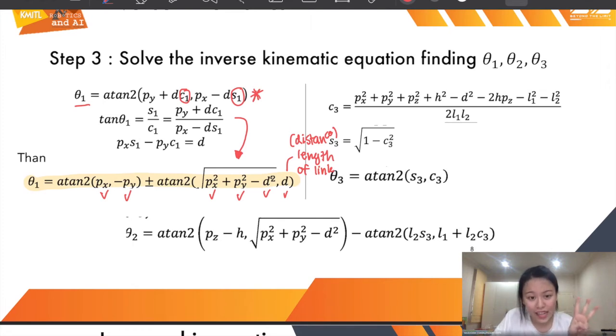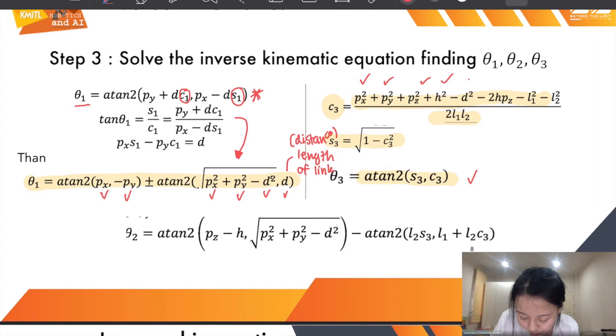Next, now we have theta 1, so next we will find theta 3. Theta 3 comes from here, atan2 of sine theta 3 by cos theta 3. So at first we have to find sine theta 3 and cos theta 3, where cos theta 3 comes from this and sine theta 3 comes from this, so that we can find theta 3 for sure, because we know all the values above.